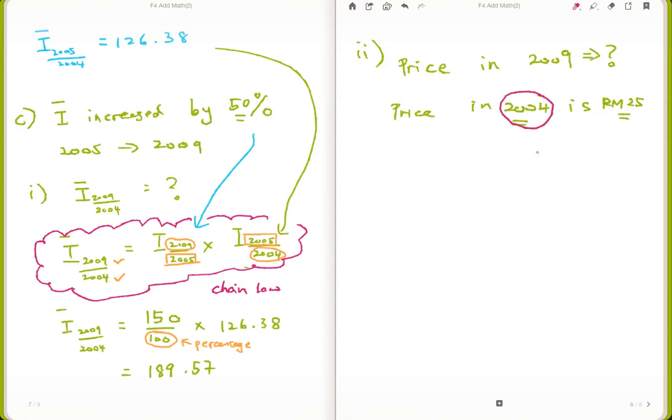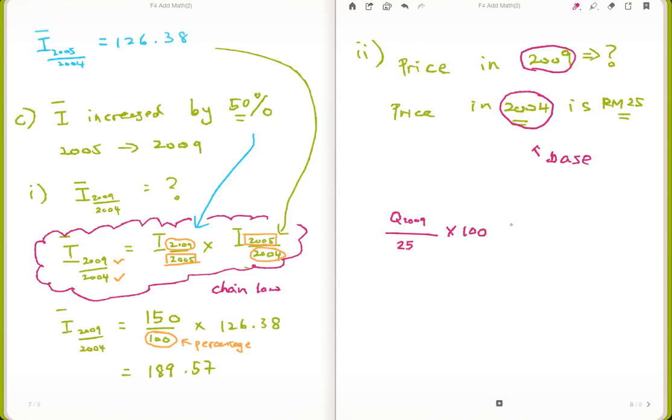2004 is the base now. This is the base time. This is the given time. So in order to get the price index, what you have in 2009, this is what you need to find out, over the price in 2004, which is 25. You times 100.